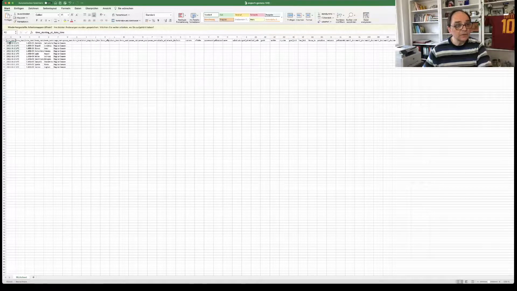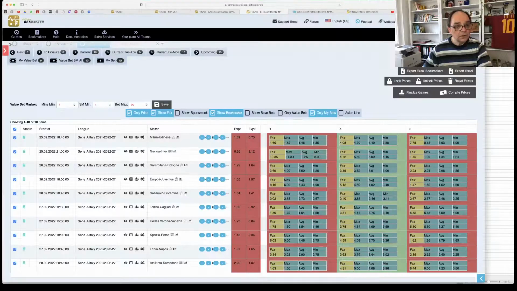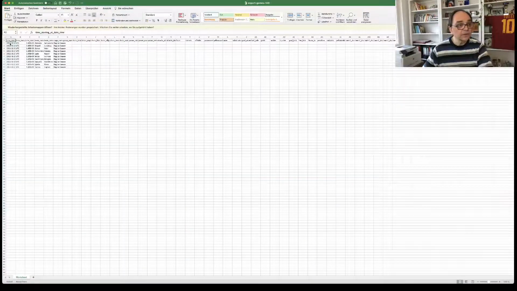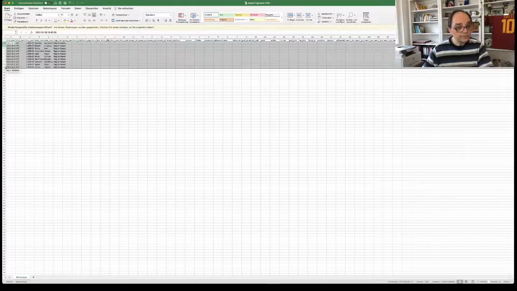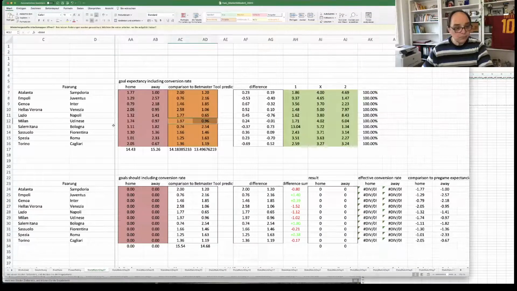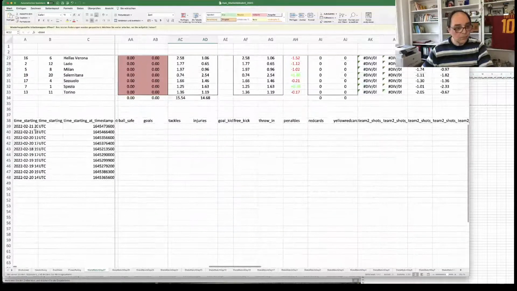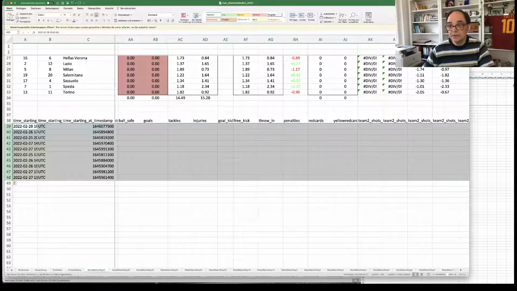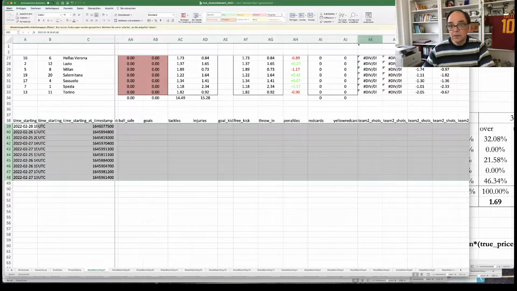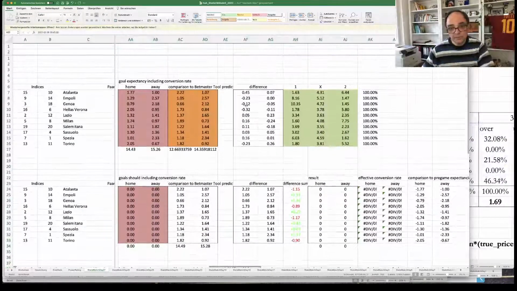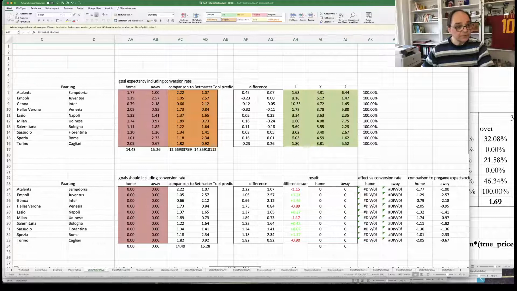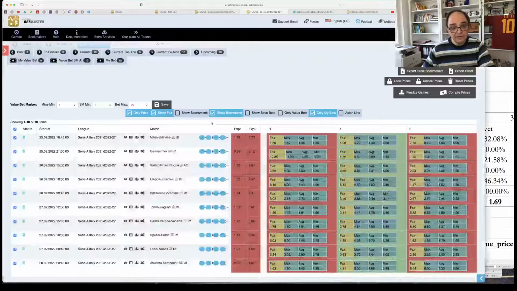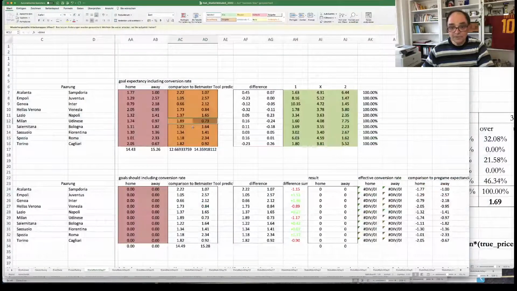Milan Udinese. Yeah, that's right. Okay. So now they should be identical, but this may have been an old export where the compilation had been different. Milan 1.89, 0.73. Now you see that I'm serious about it.